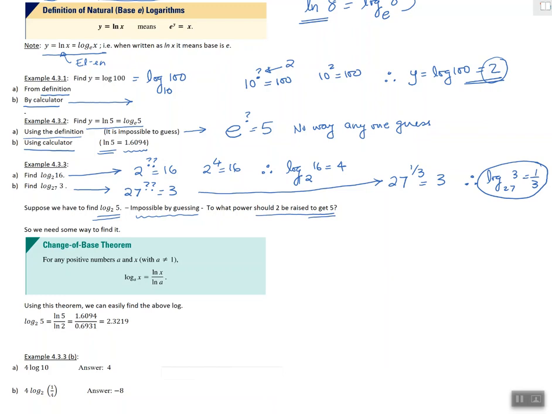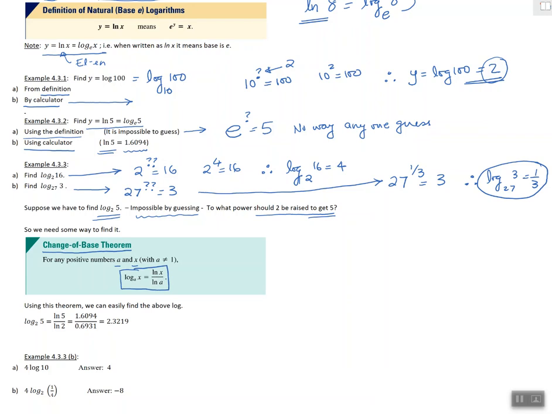So we come across what is called the change of base theorem. This is a very handy theorem. It says that for any positive numbers a and x, log of x to base a can be found as log of x divided by log of a.